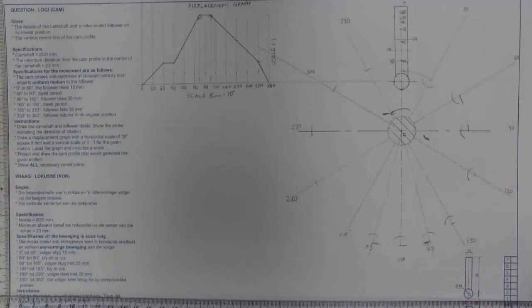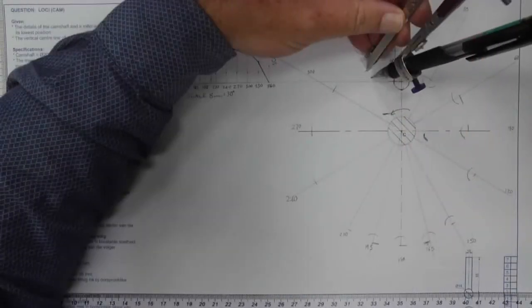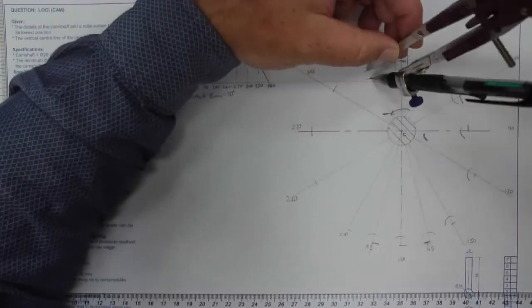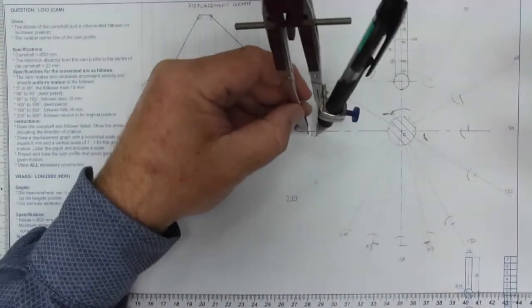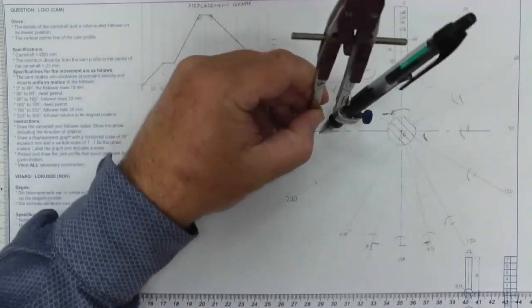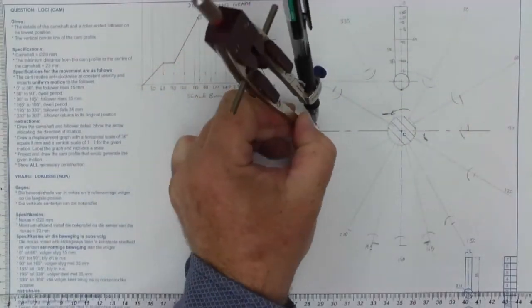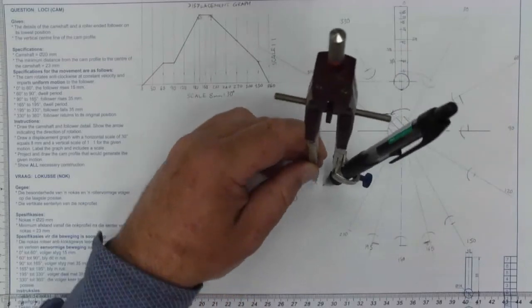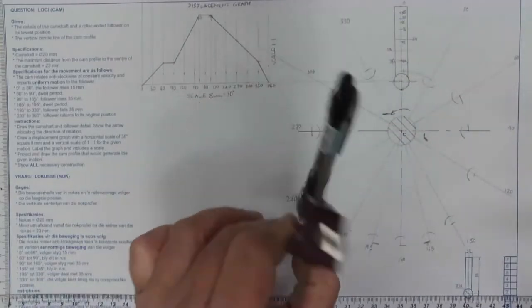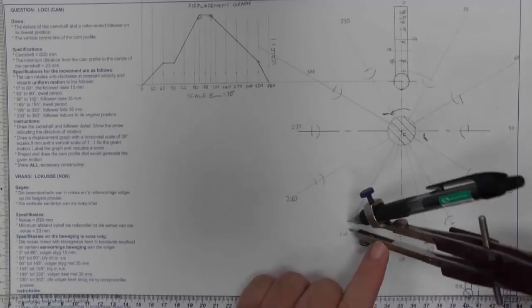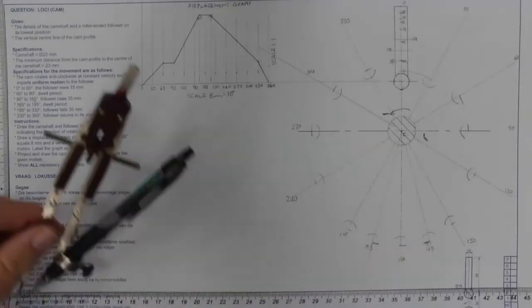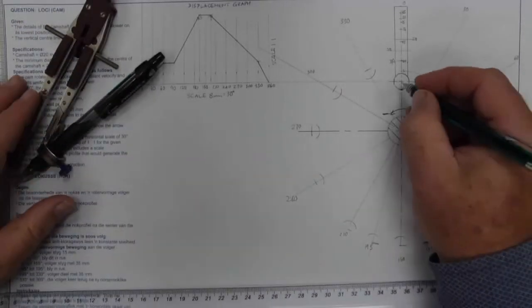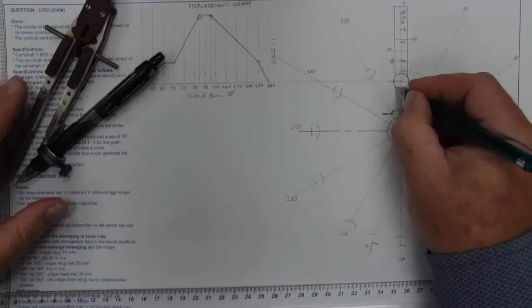I'm now going to set my compass to the radius of my roller and draw the semicircles. There are my semicircles, I'm drawing radius of 7. And there we go. Now remember to join up the inside edges on a tangent.